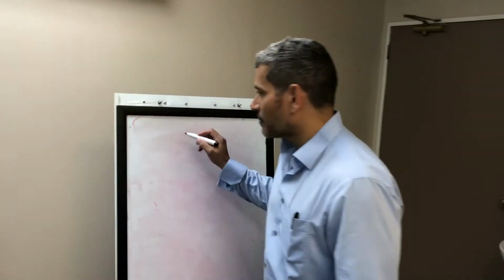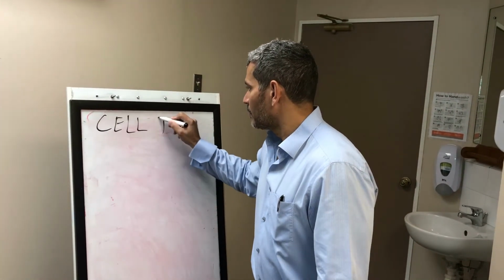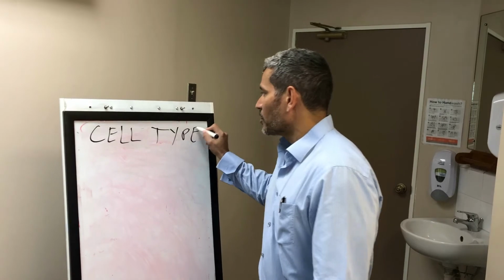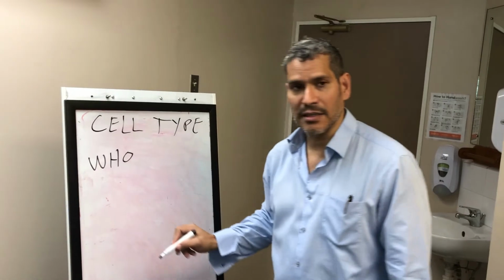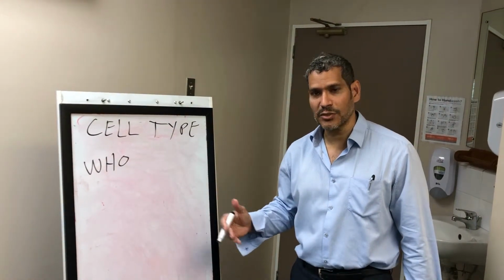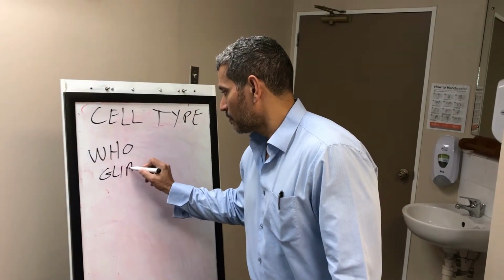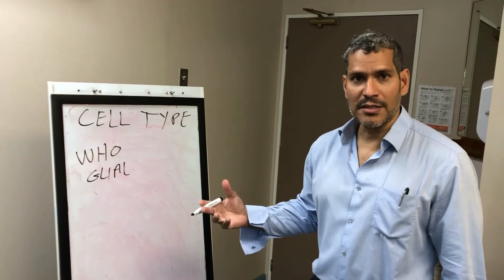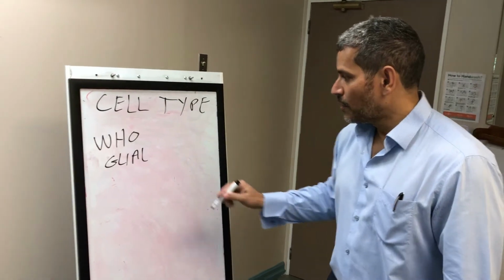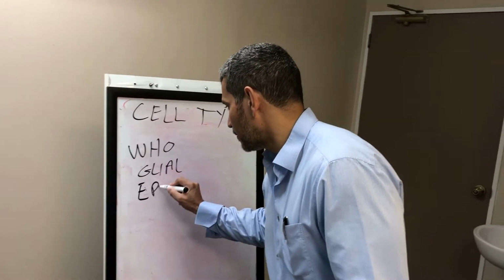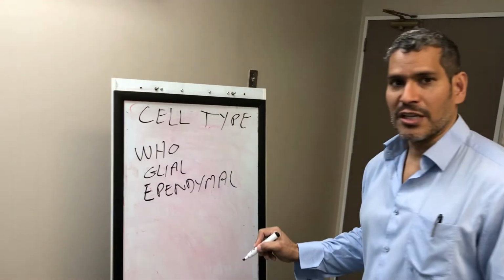Another good way to classify brain tumors will be by the cell type. And of course, this is what the World Health Organization recommended in the year 2016 as the best and most comprehensive classification of brain tumors. Cell types in the brain, we have glial cells that produce gliomas, which can be benign or low-grade gliomas or the malignant gliomas. We have epidermal cells, which produce epidermomas.